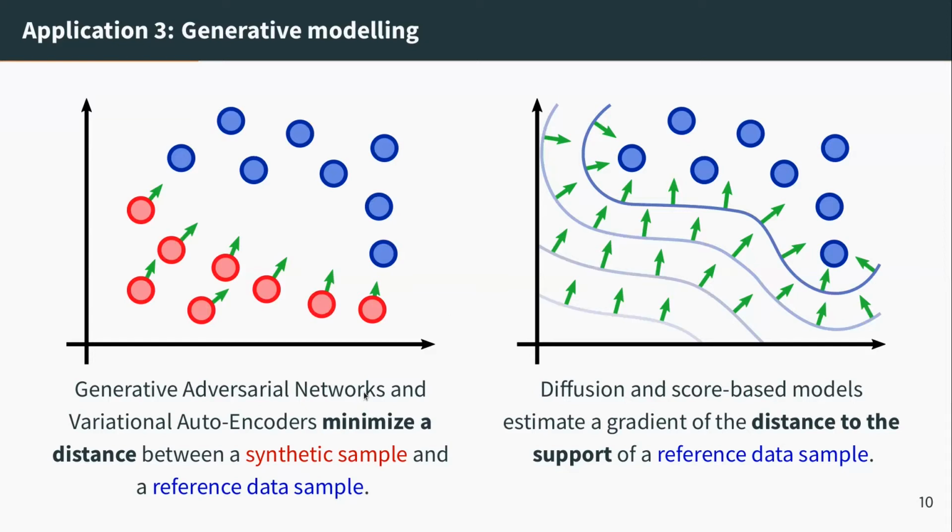So all those GANs and VAEs, under the hood, or actually quite explicitly in the papers, rely on the definition of those loss functions between samples of natural images. Another method, which is what people call diffusion or score-based models, is that we try to train networks to estimate a gradient of the distance to the support of a reference data sample.